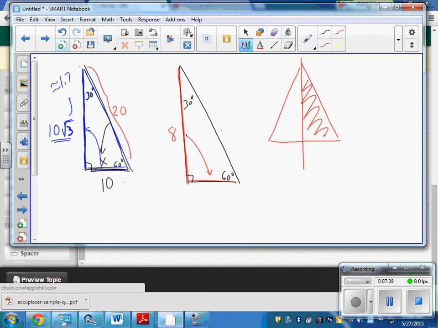So multiplying by the square root of 3 would stretch it out even longer. That doesn't make sense. We're going to take 8 and divide it by the square root of 3. And then once you have the short leg, you can immediately go to the hypotenuse, just double it, make it twice as big. So that's 16 divided by the square root of 3. Those are sort of tricky problems. But yes, you should know 45, 45, 90, and 30, 60, 90.